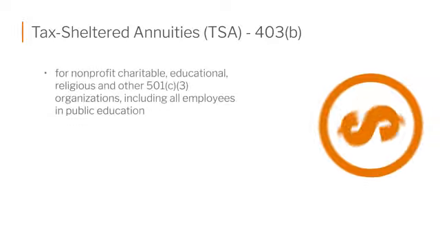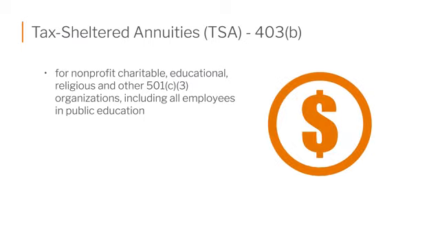Tax sheltered annuities, TSAs, or 403(b) plans, that's the actual IRS code, by the way. They are for not-for-profit, charitable, educational, religious, and other entities that qualify as a 501(c)(3) organization. Again, that's the IRS code that stands for. It's all employees of public education. That's a good way to think of it.